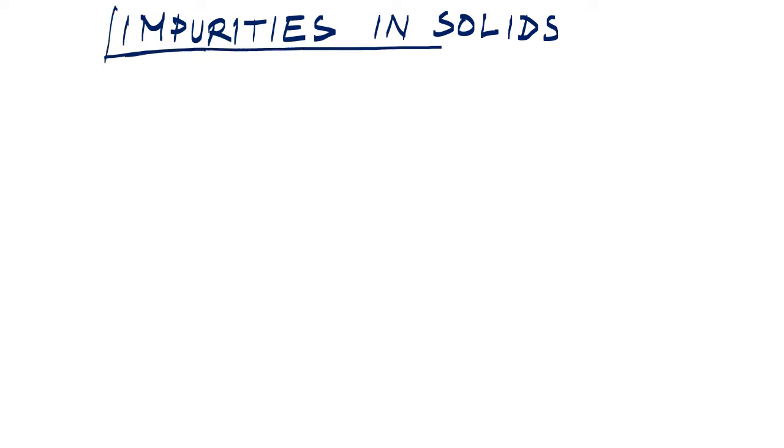A certain amount of impurity will always be present in the material. Sometimes it is natural, sometimes some amount of impurities are intentionally added to the material to control its different properties.